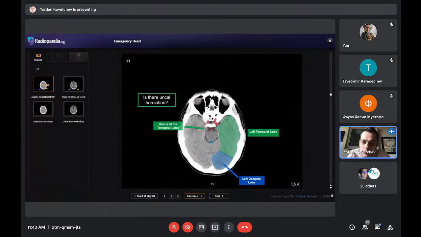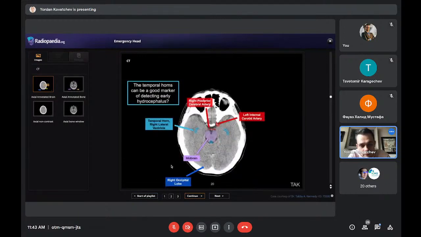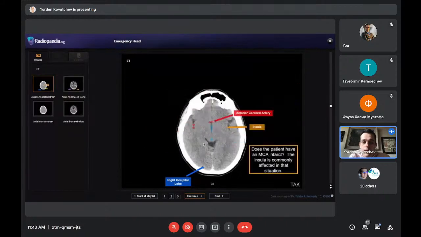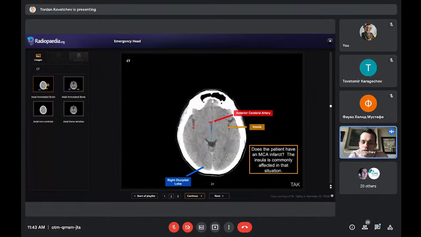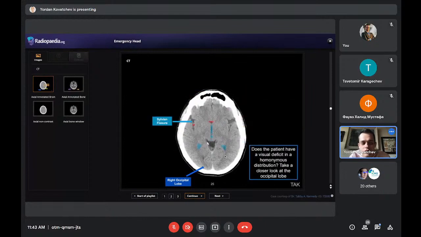On the back are the occipital lobes, the temporal lobes, the left one and the right one on the other side, and as I mentioned, the temporal horns of the lateral ventricles. Again, really important. If we have hydrocephalus, this is the first place where we will see them. The first place, almost always.